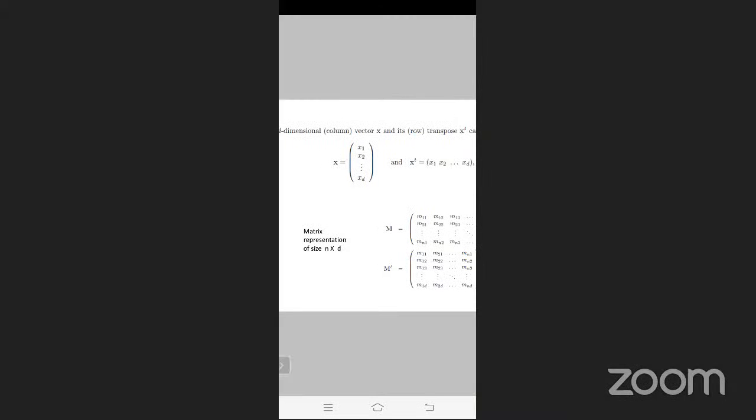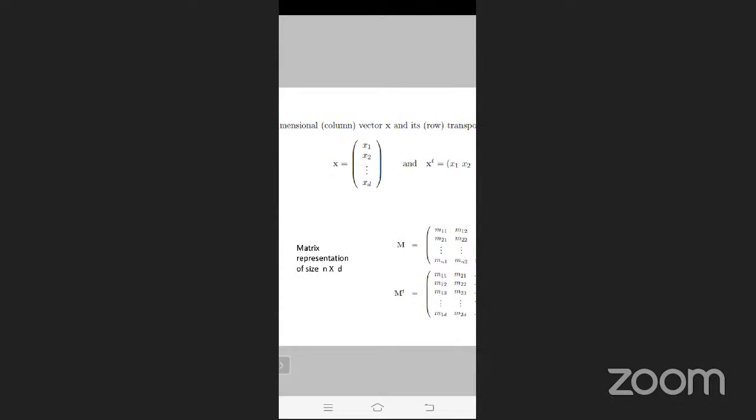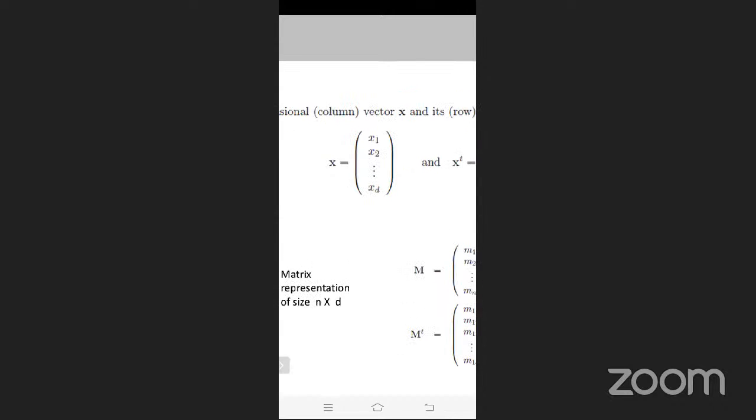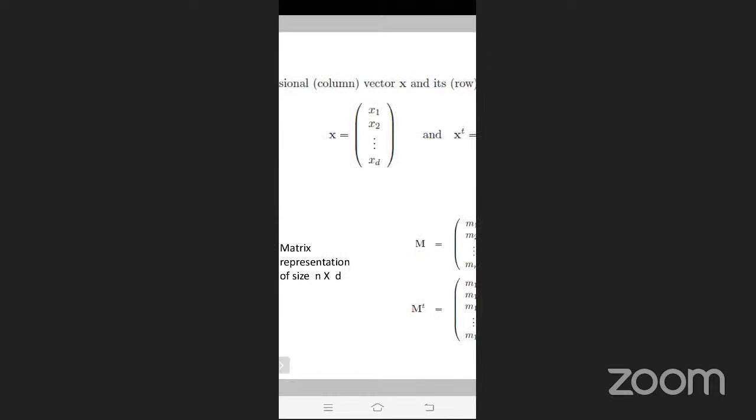If you have a d-dimensional feature vector, that means it is a vector, a column vector. A vector is generally a column vector. So I can write x as x1, x2 to xd, where x1 is one feature, x2 is the second feature, x3 is the third feature, and so on.